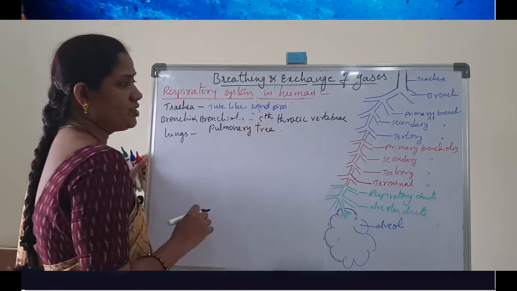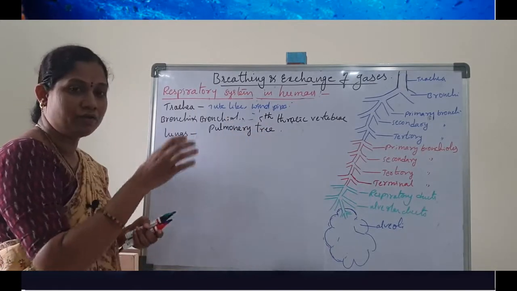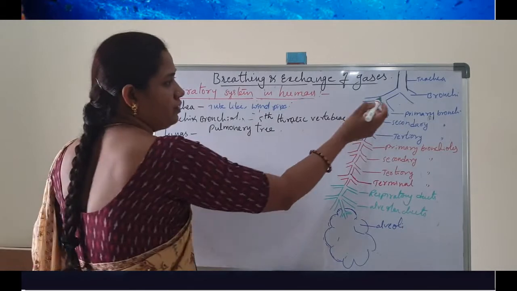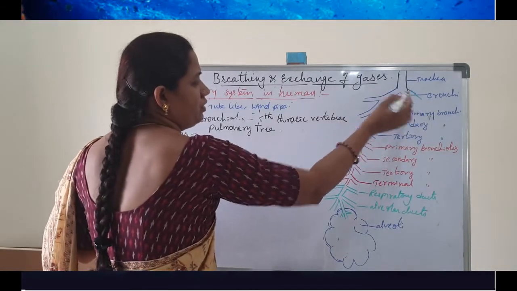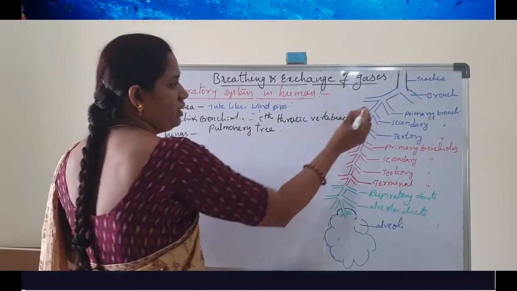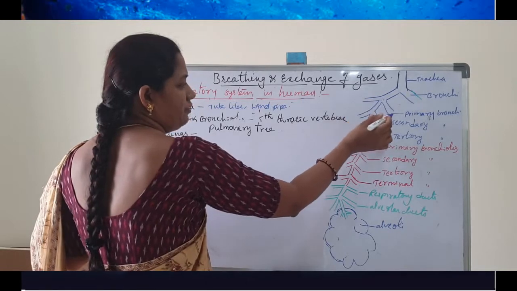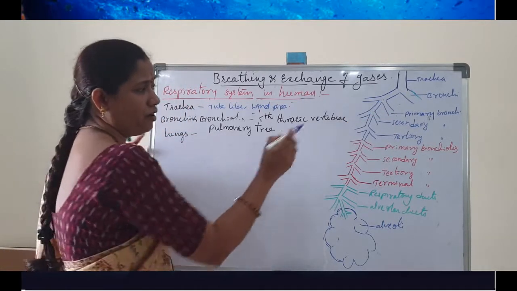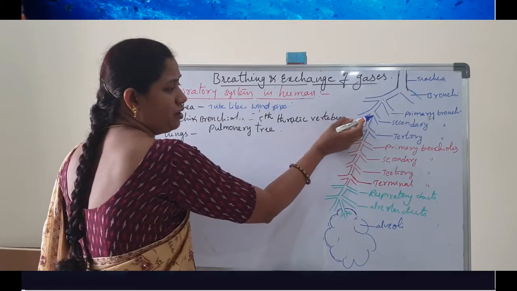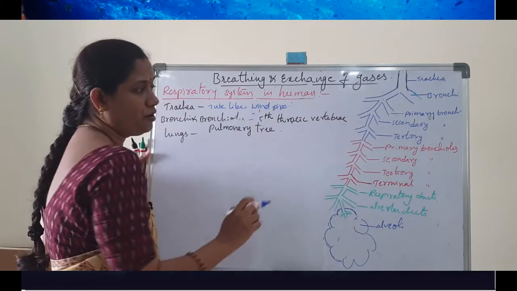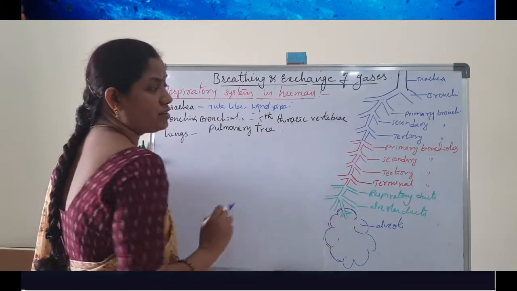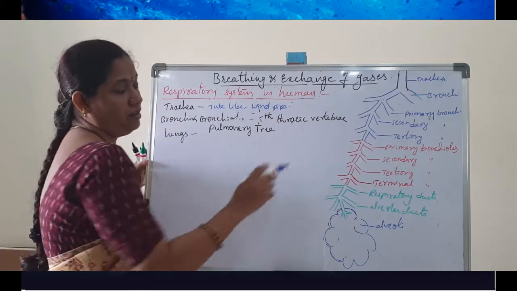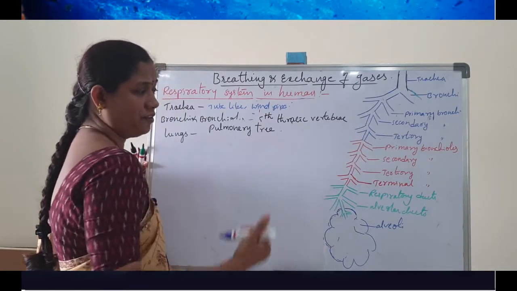First, these two branches are called bronchi. They further divide to form primary bronchi, then secondary bronchi, then tertiary bronchi.